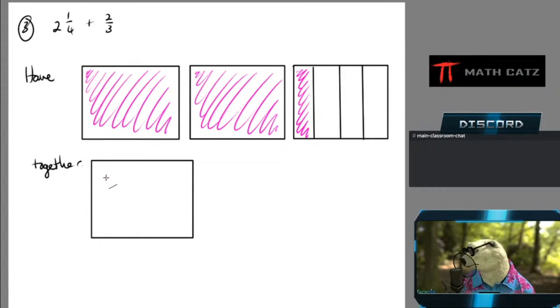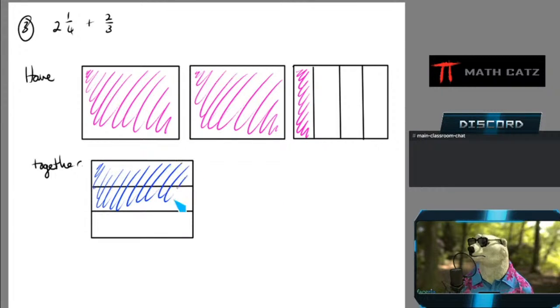So for thirds, I'm going to go horizontally from the start, so that visually my pieces will look the same and everything is just nice. And I have two of them. Okay, that's okay. It's not a lot, but it's not nothing.